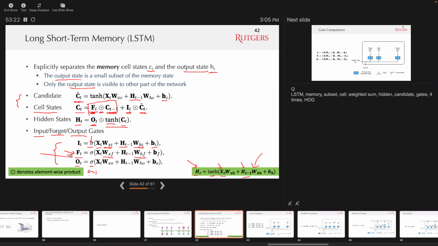And to compute how much you forget and how much you remember, you will need to look at your current input and look at your previous output state, right? And then you can decide what part of the cells you want to forget and what part of the cells you want to remember, right? So this is for computing the forget gate. And the process of forgetting happens here, not when you are computing the forget gate. Okay. Cool. Good question. Any other questions?